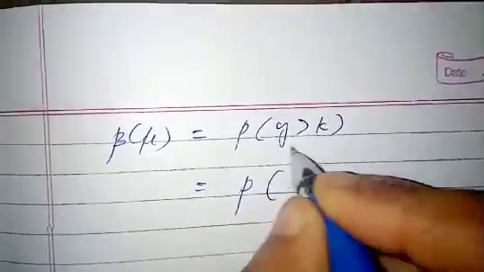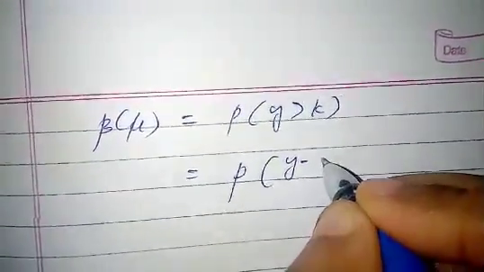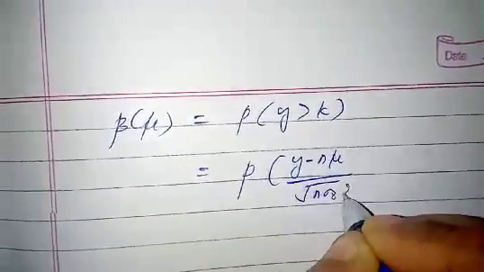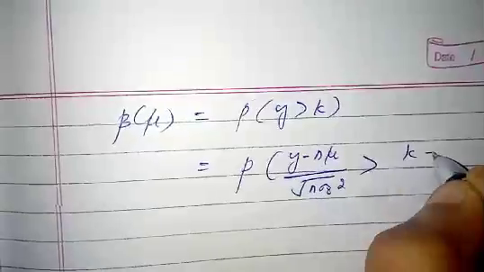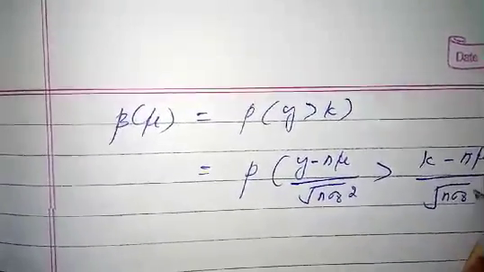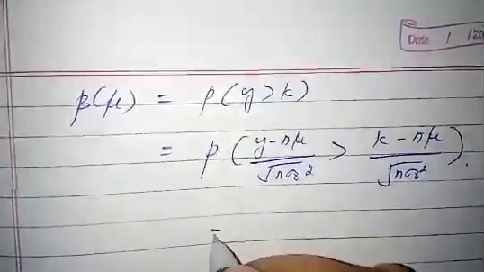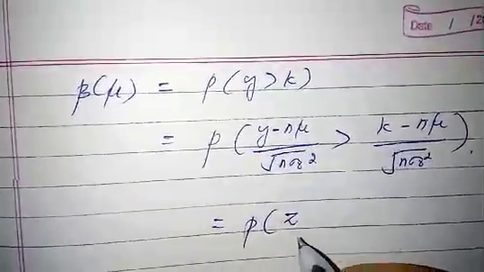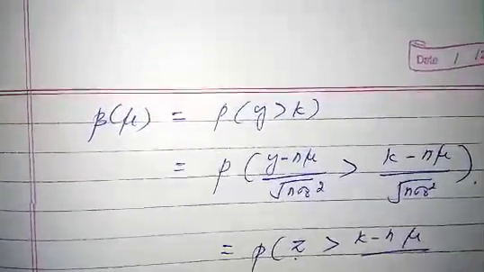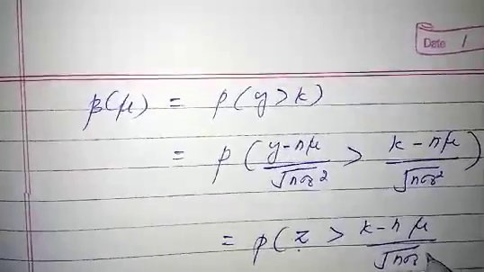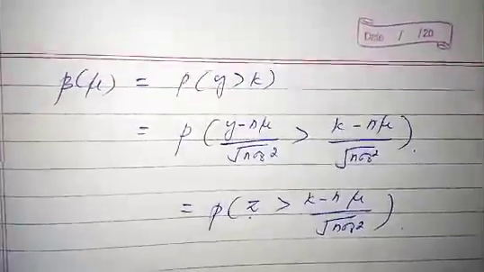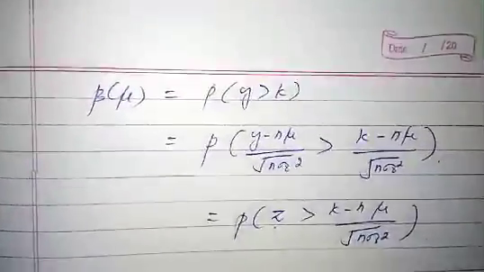That is probability of y minus its mean, which is n mu, divided by its standard deviation, square root of n sigma naught square, greater than k minus n mu divided by its standard deviation, right? It's equal to the probability of z, the standard normal variable, greater than k minus n mu divided by square root of n sigma naught square, that is beta of mu, right?